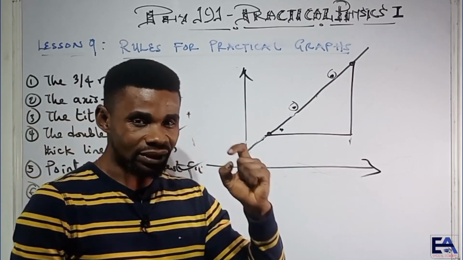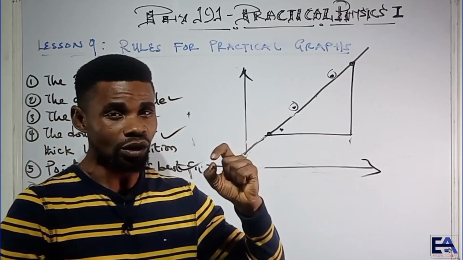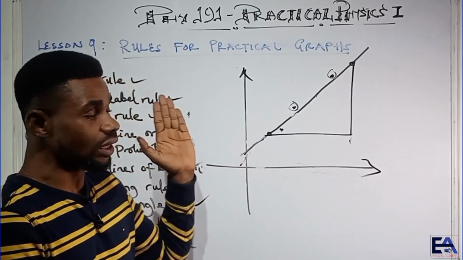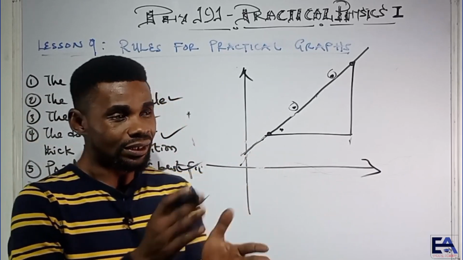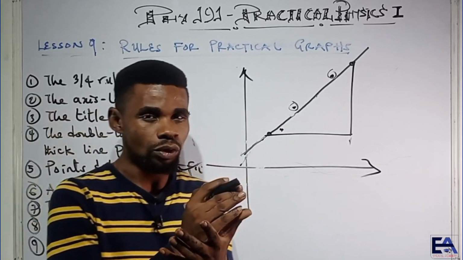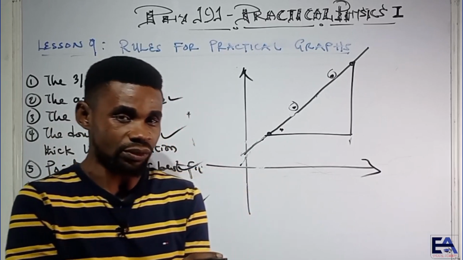You have the tendency of getting at least close to the expected value in that experiment. For instance, if you are doing the experiment of a simple pendulum, the expected value of the slope is like 0.04, so that you can obtain a value close to 9.8 after your calculation.